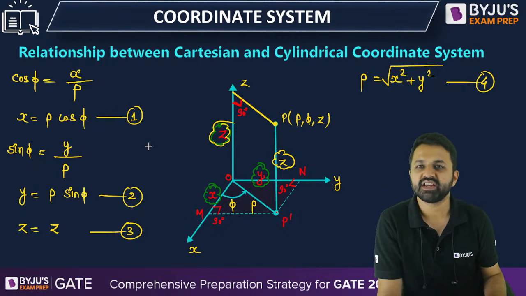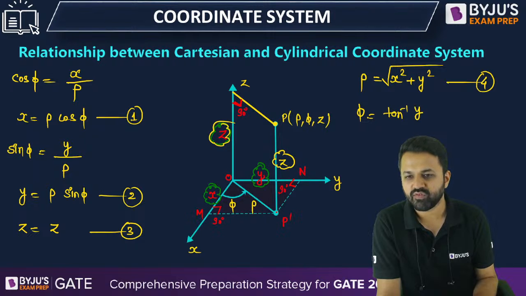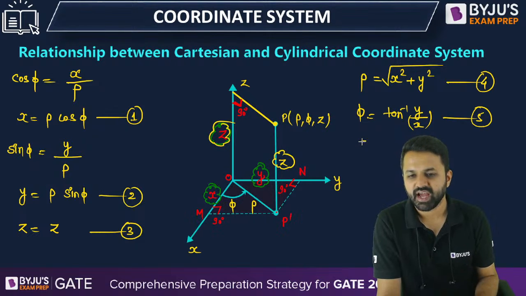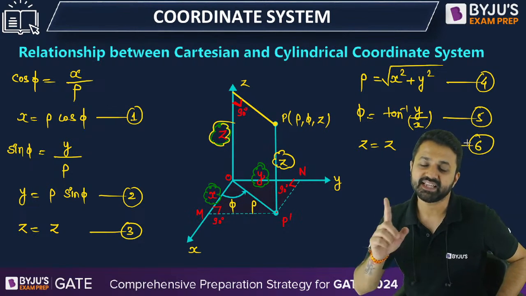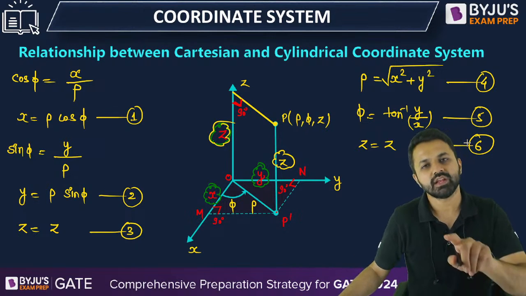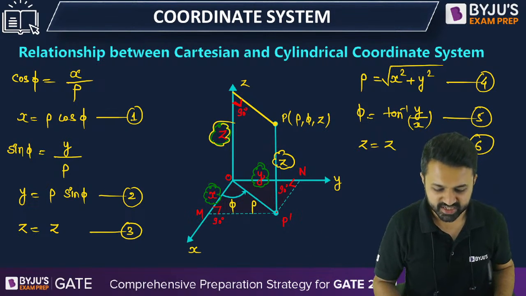And if I divide equation number 2 by 1, then I will get phi is equal to tan inverse of y by x. This is 5, and the z is still the same. So if I give you the value of x, y, z in the Cartesian coordinate system, then you can calculate the coordinates in the cylindrical coordinate system.